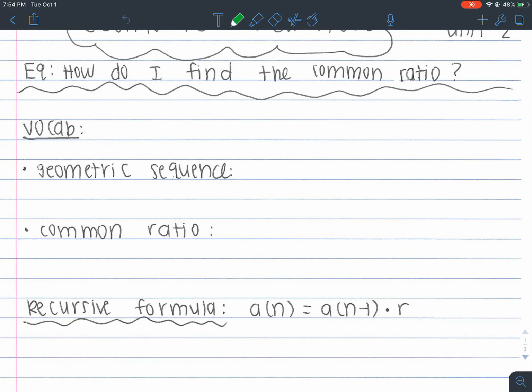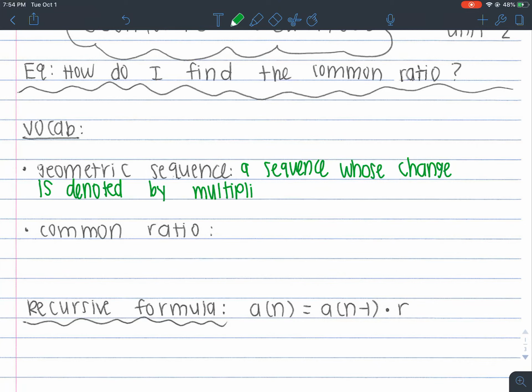So a geometric sequence is a sequence whose change is denoted by multiplication only.